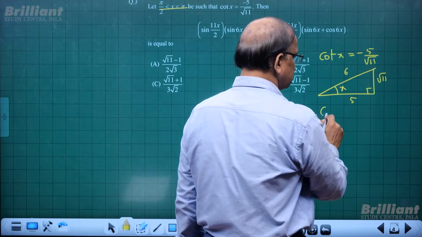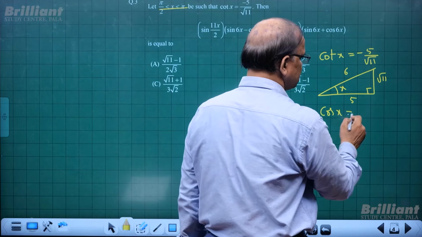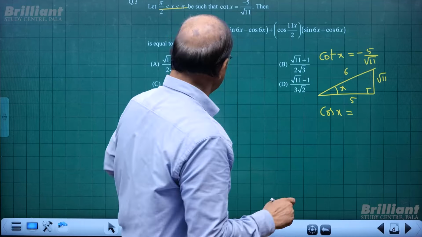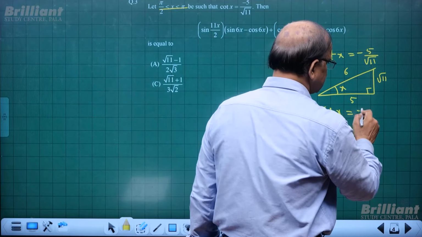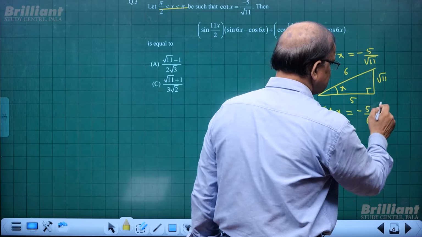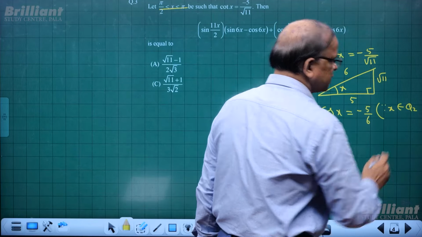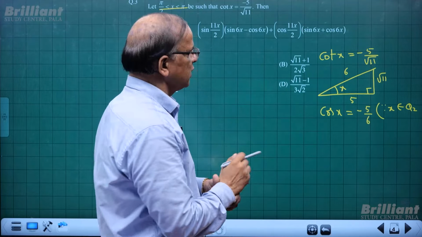So I will write cos x. So cos x is what? 5 by 6, but in the second quadrant it is negative. So minus 5 by 6 I will write, since x belongs to the second quadrant. In the second quadrant cos is negative, right?